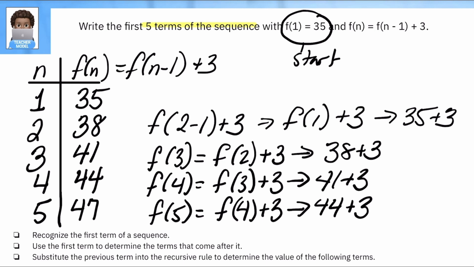And those are the first 5 numbers in our sequence. I would have that just written down as a list. So our sequence would be 35, 38, 41, 44, and 47.